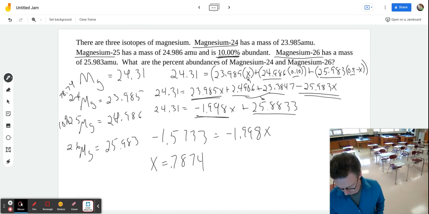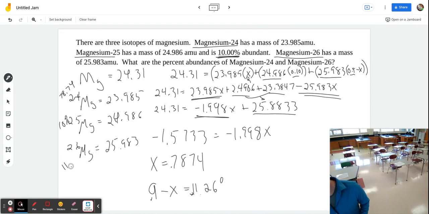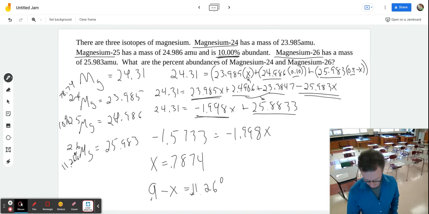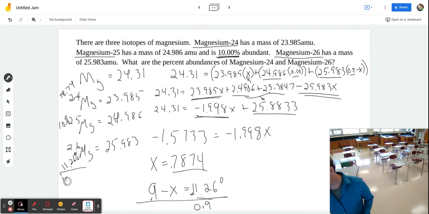So to find the last one, it's 0.9 minus x equals 0.1126, which is 11.26%. And if you wanted to double check my math here, if you add these two numbers together, you get exactly 0.9 or 90%. So the total of these three is 100%.